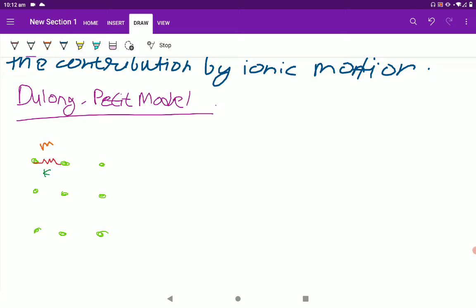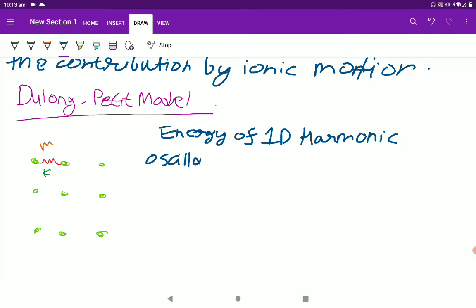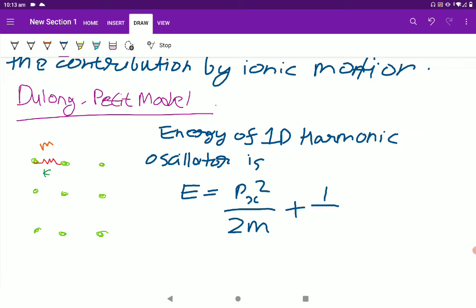So what is the energy of a 1D harmonic oscillator? It is given by E equal to px squared by 2m plus half k x squared.